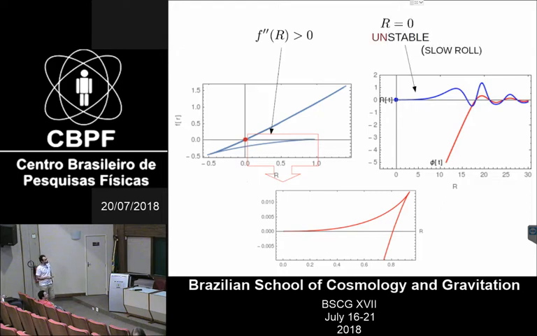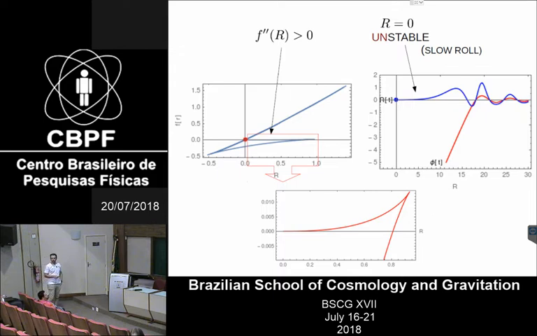So the first behavior of the Ricci scalar is around 0, but it's unstable, right? Because it slowly drifts away from R equals 0. So R equals 0 is not a stable solution, in spite of the second derivative of f being positive over here.